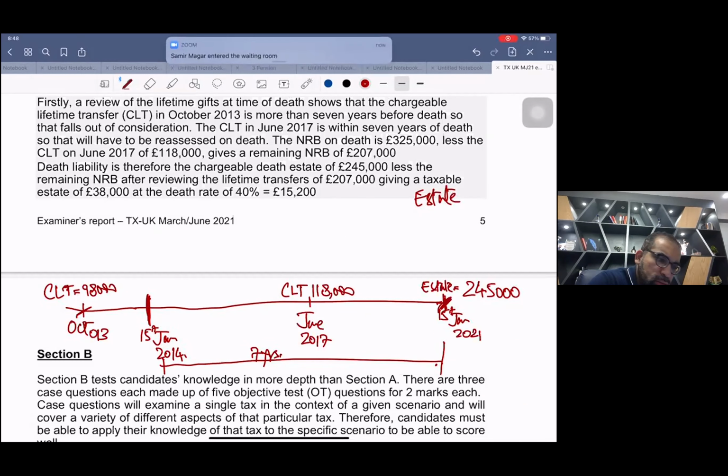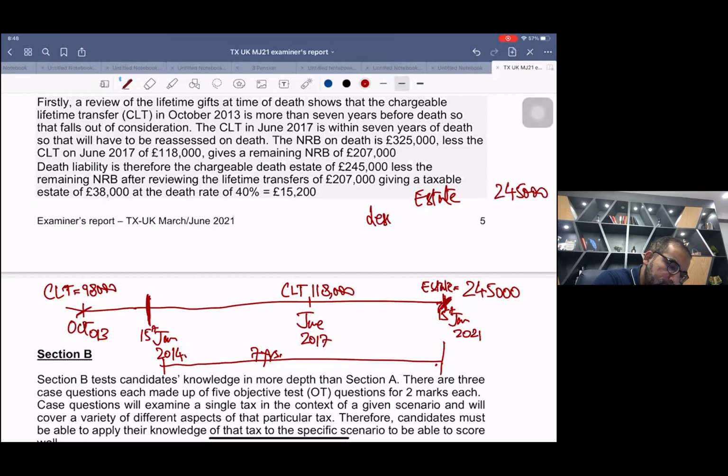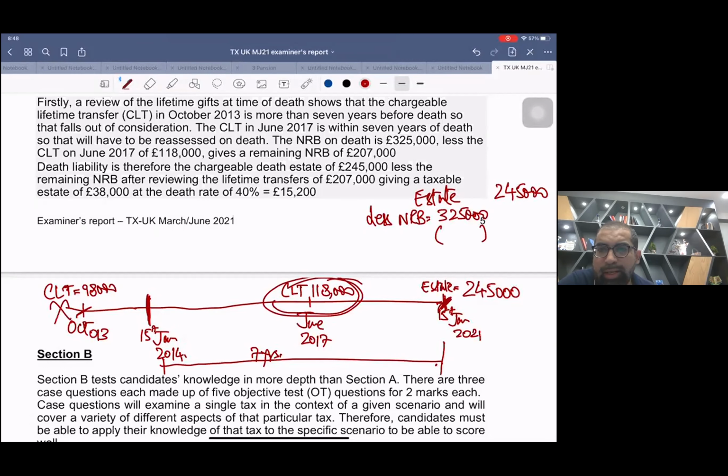Now listen, let me do a little work for you. Your estate is 245,000 less NRB. Normal NRB is 325. Can you see anything in the last 7 years? Yes, this 118,000 is in the last 7 years. This CLT is not in the last 7 years.